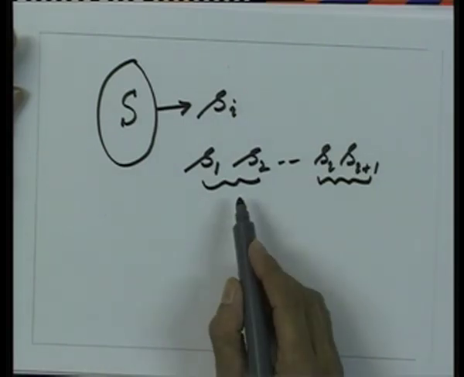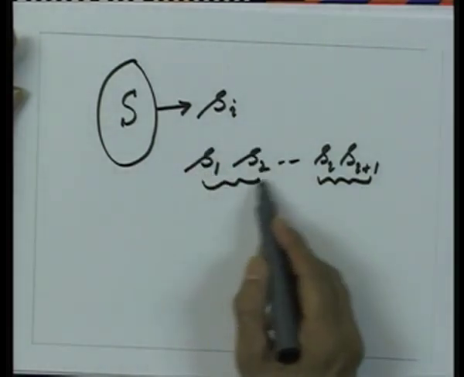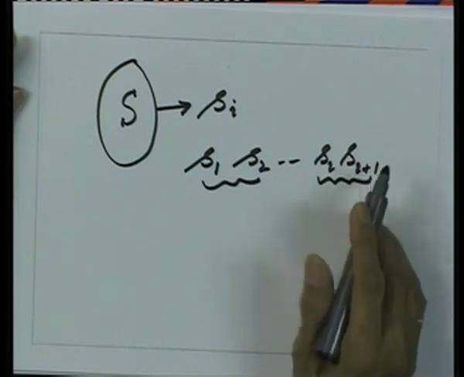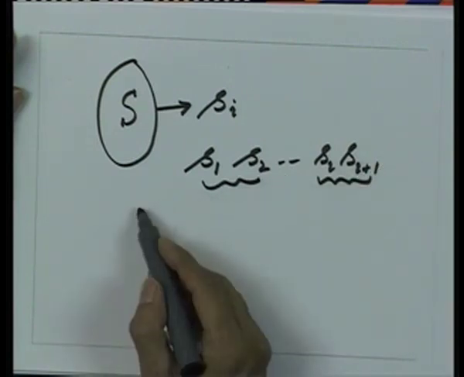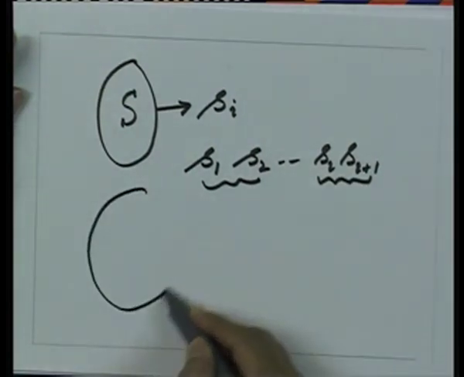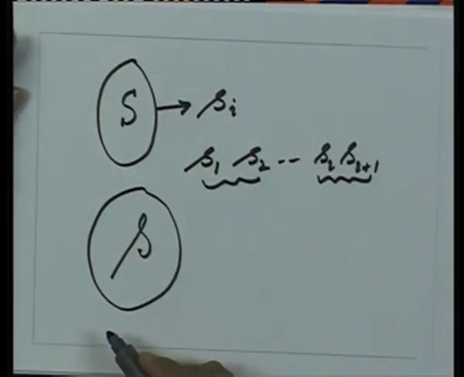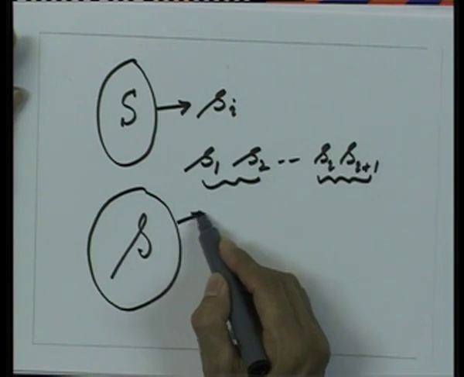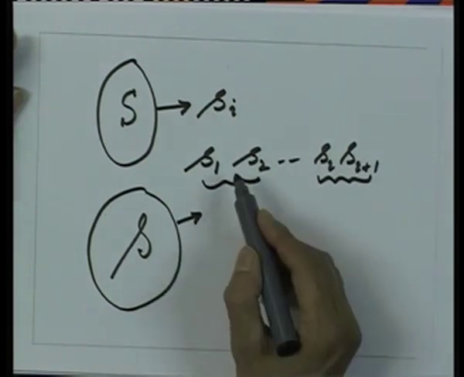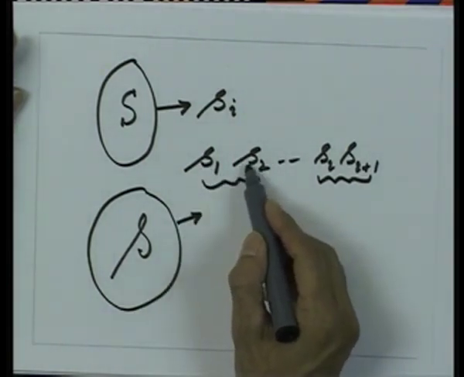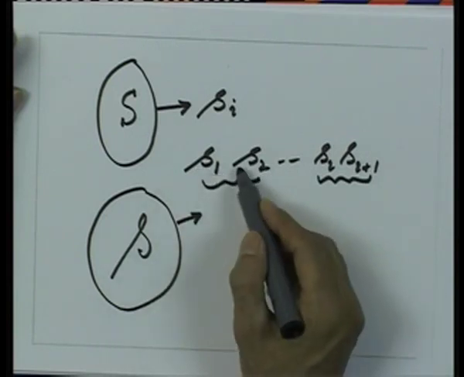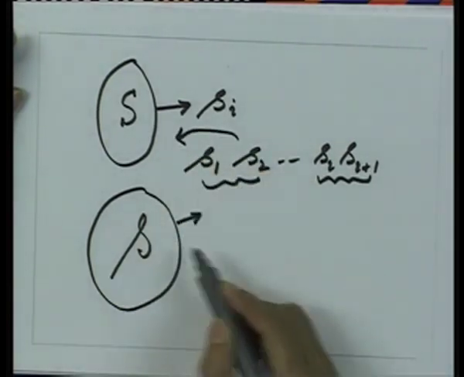Now, if I start blocking in terms of like this, then what I can assume is that I am forming a new source whose symbols are coming out in groups of 2, but each of the symbols in that group of 2 is coming from the primary source S.